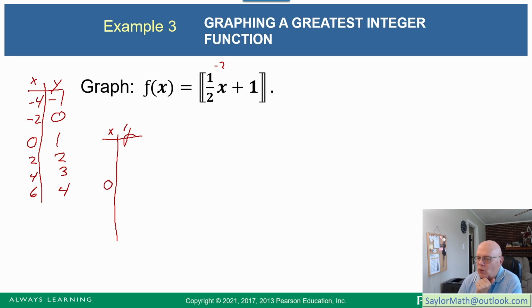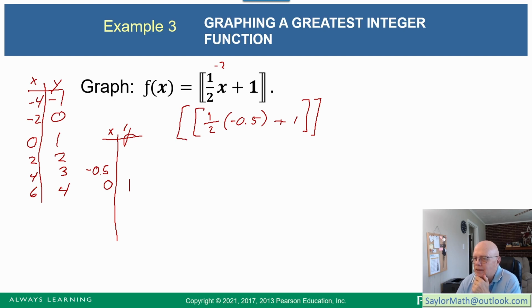So we know we've got 0, 1. That's a given. That was easy. So you might want to check and see what's happening at negative 0.5 or negative 1/2. What happens? Well, if I take this, negative 0.5 plus 1, and I'm going to take the greatest integer.